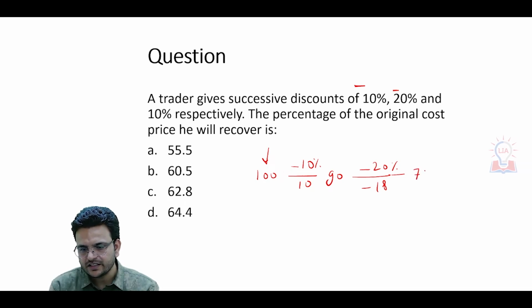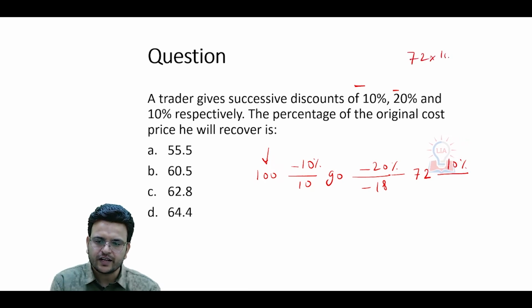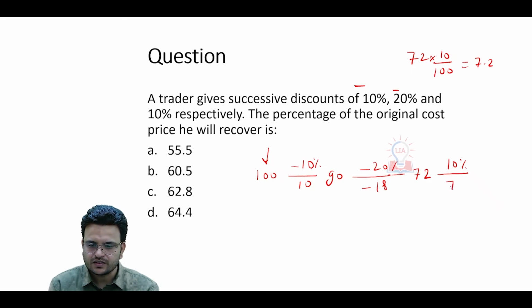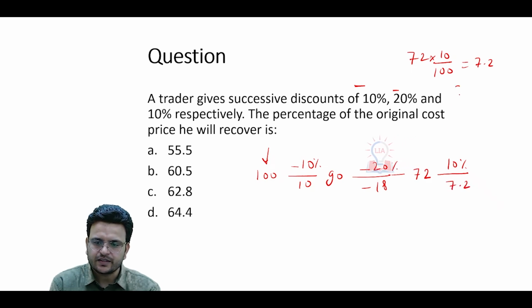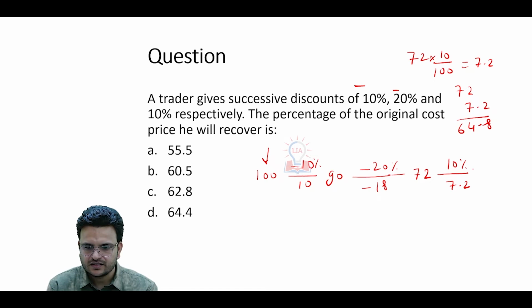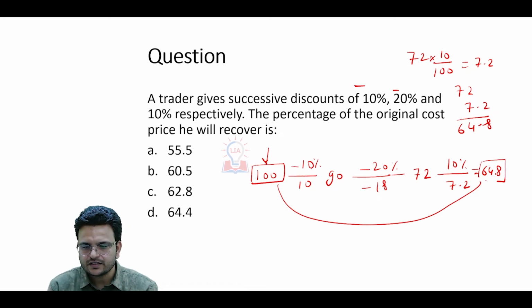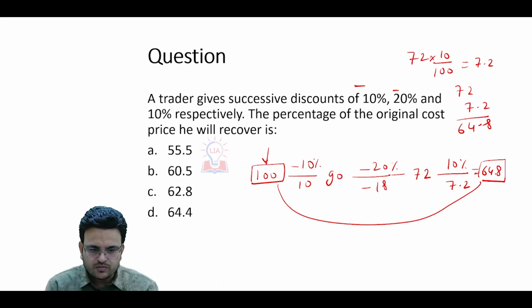so it becomes 72. Again reduced by 10%. So 72 of 10% will be 7.2. So 72 minus 7.2 will be around 64.8. So the initial 100% becomes 64.8.